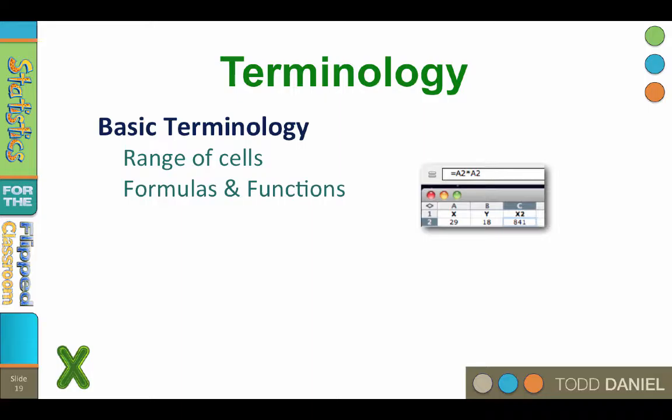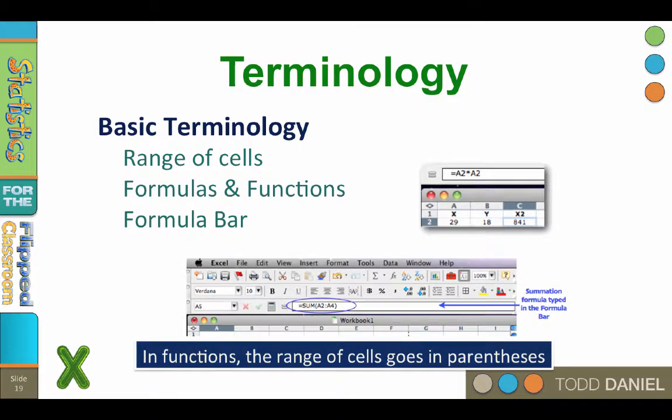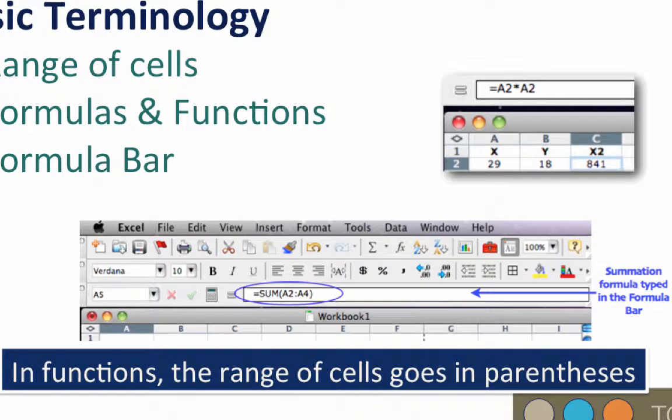Excel also includes functions, which are predefined formulas that do much more complex analysis, such as calculating standard deviation or the mean. Formulas can be typed directly in cells, but are often easier to edit in the formula bar, located near the top of your worksheet. If the formula bar is not visible, show it by using the menu and choosing View, View Formula Bar.